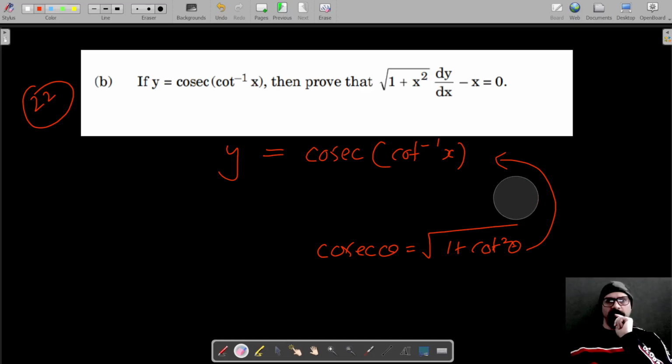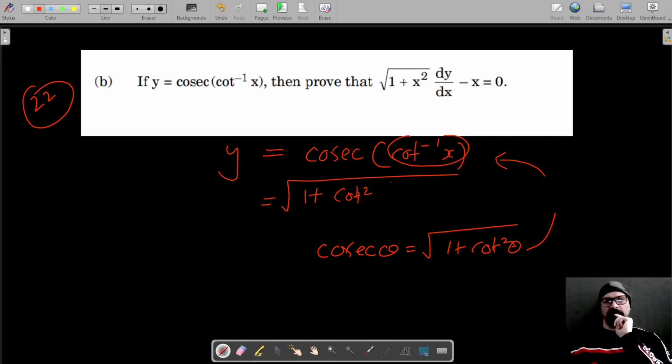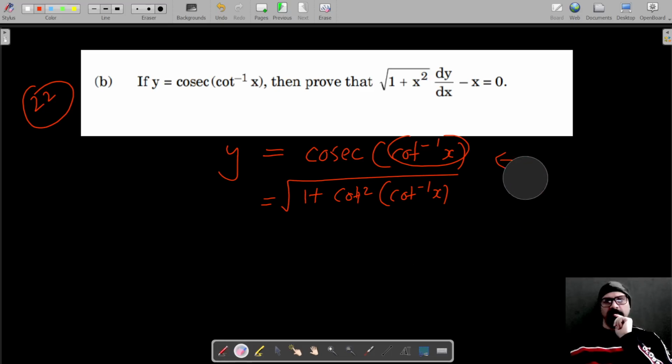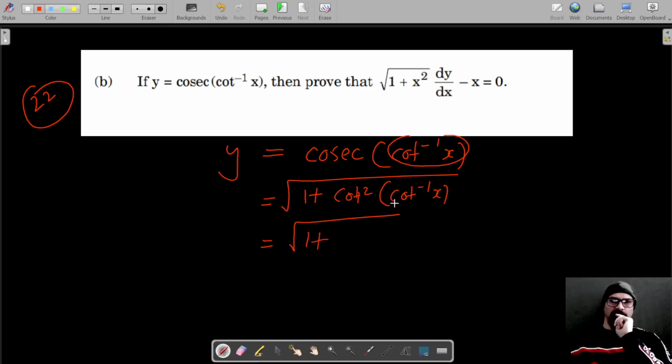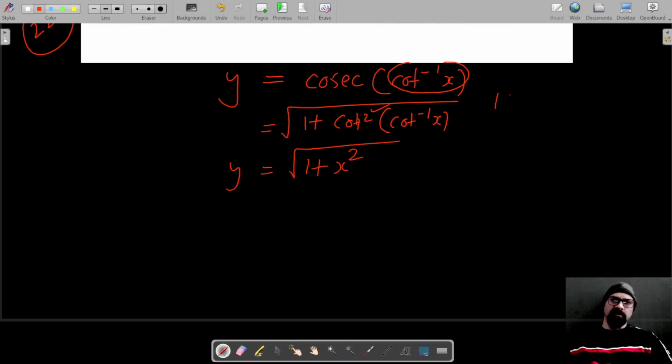So for cosecant theta, I can write it's under root 1 plus cot square, and theta is cot inverse x. Now cot of cot inverse x is x, so this is x square, and y is equal to under root 1 plus x square.